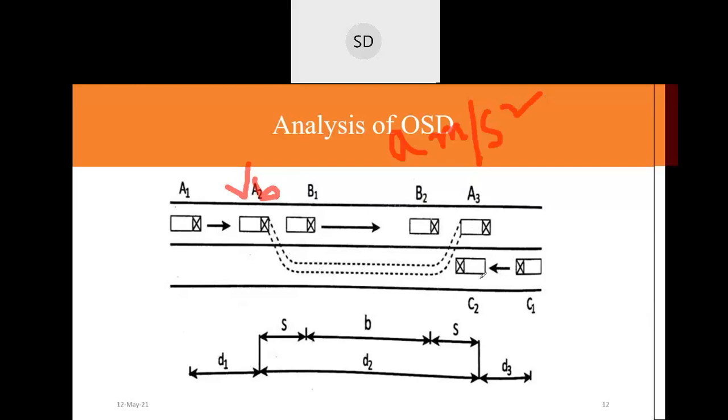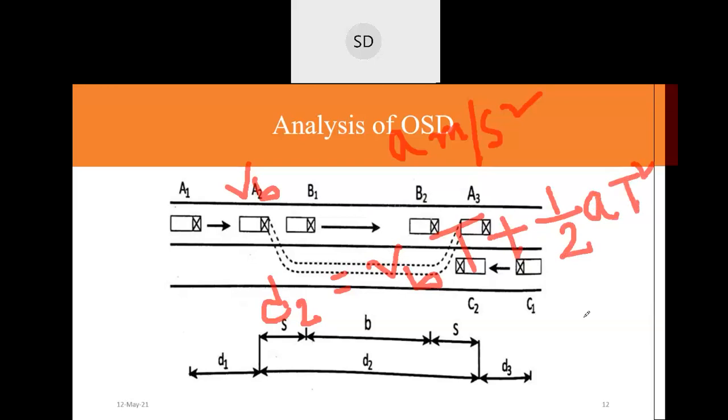So your total D2 distance is, if t is the total time taken from position A2 to A3, VBt plus half into a into t square. This is the basic equation, and I think you are familiar with it from your 9th or 10th standard.